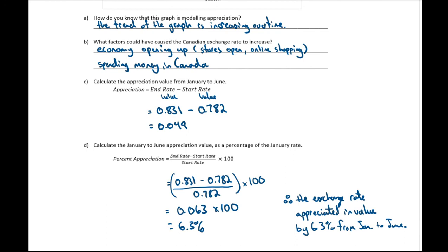So again, just changing it to a percent, because the value of appreciation may not really make a lot of sense when you're actually going through it, or when you're actually looking at it. But when you say it increases by 6.3%, that tends to be a little bit more tangible, and allows you to visualize it a little bit more when you're actually thinking about it.